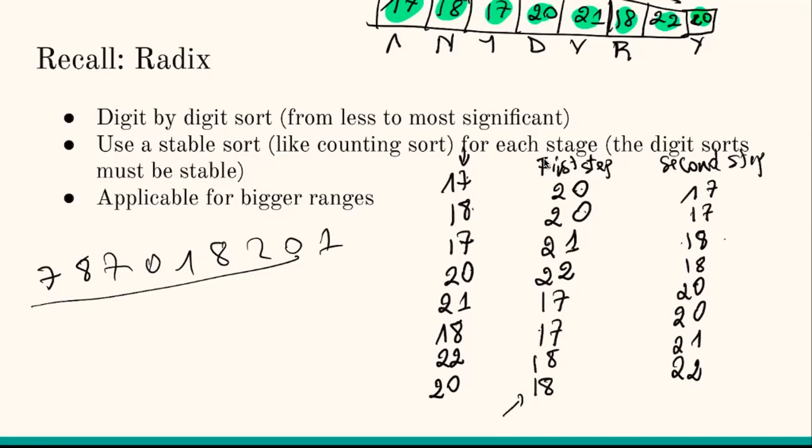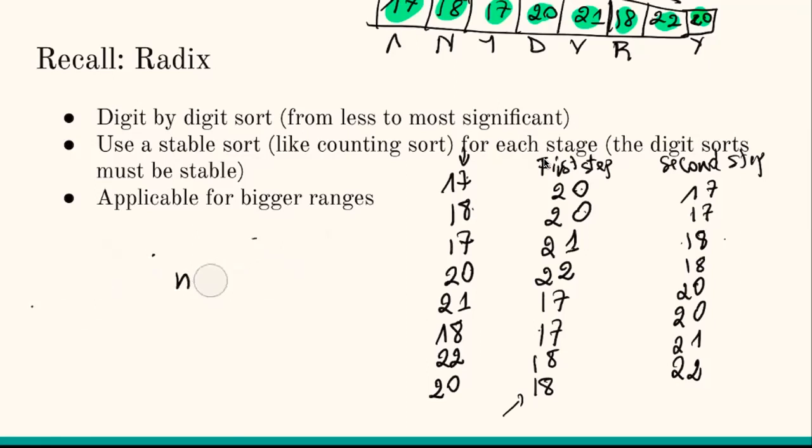Here, at each step, what operation do we do? We perform counting sort, right? This means that at each step the time complexity is n plus k.